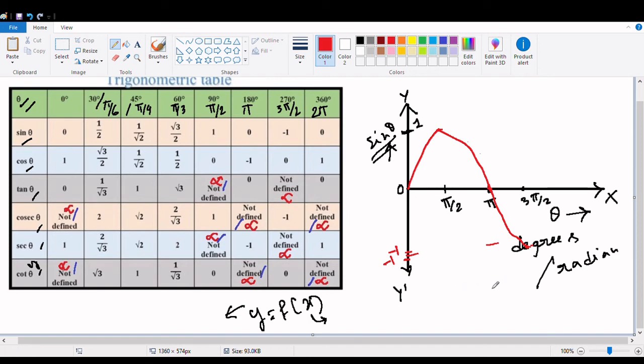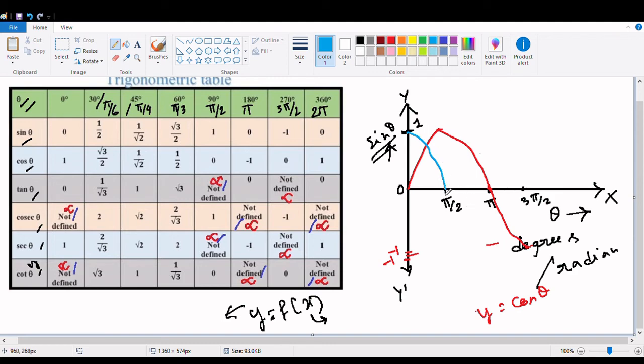In a similar way, if I want to plot y equals cos theta, how will that look? You can see cos 0 is 1, so it will start from here. At 90, the value is 0. So cos theta will start from 1, and it will achieve the value 0 as soon as it reaches pi by 2.